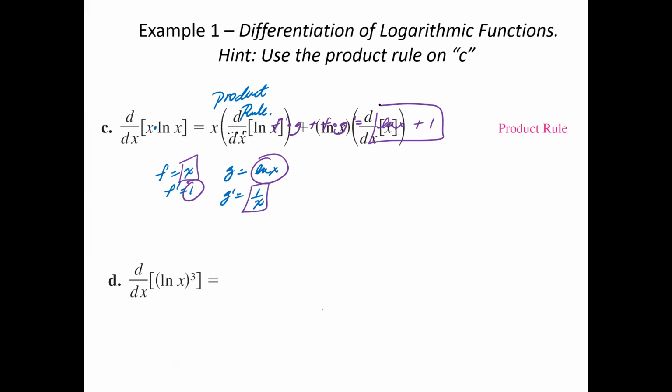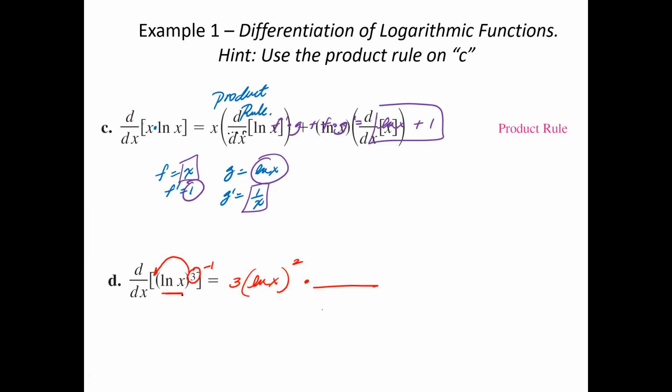All right, let's take a look at D. Well, before I actually do that, you don't actually have a chain rule. You can just do it this way. We're going to bring that 3 down minus the 1. So I have a 3 ln x squared times the derivative of this chain.